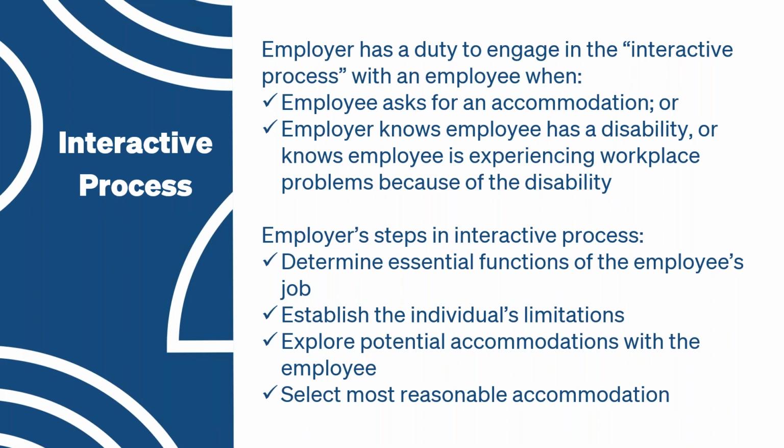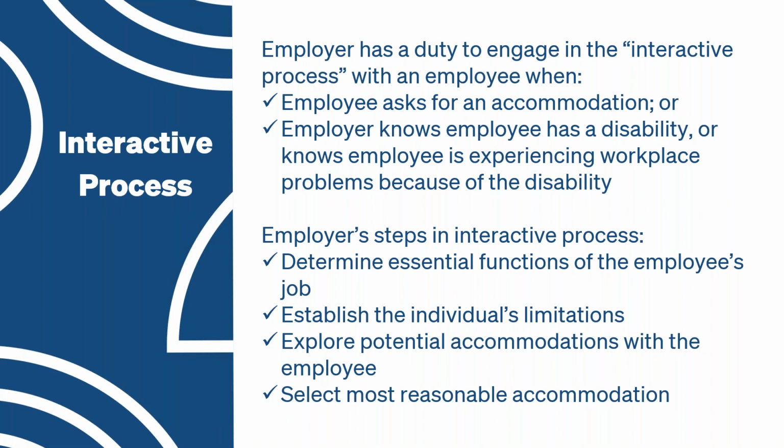So what is the interactive process specifically? Well, the interactive process is a discussion between you as the employer and the employee regarding the employee's work limitations due to their disability and what, if any, reasonable accommodations you as the employer might have to provide.